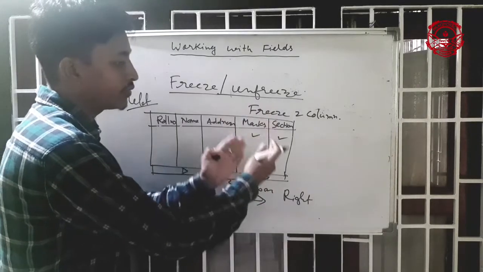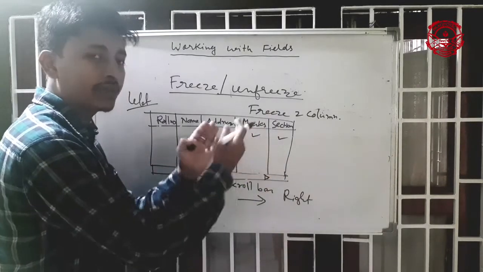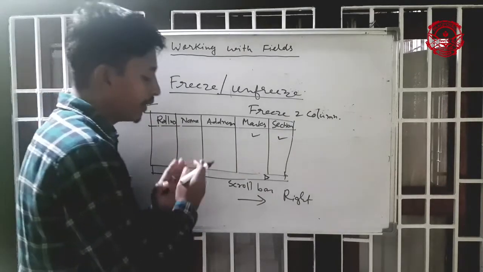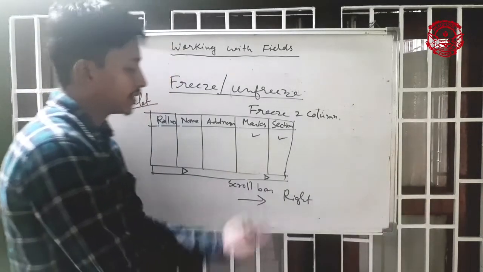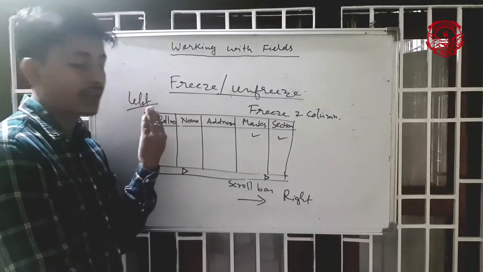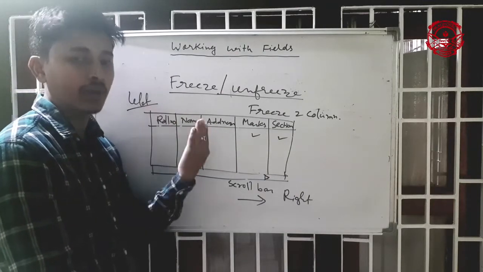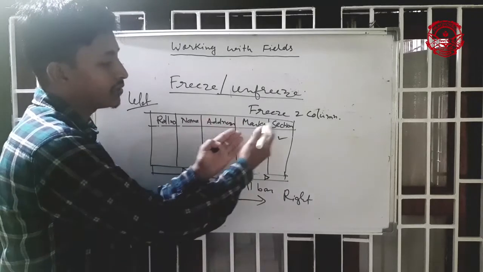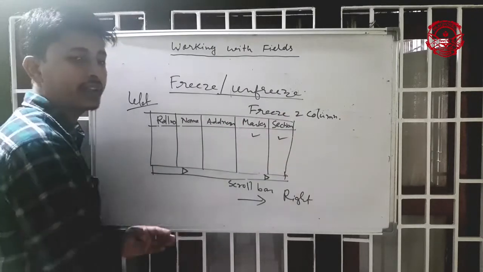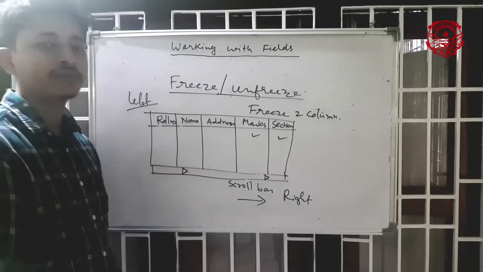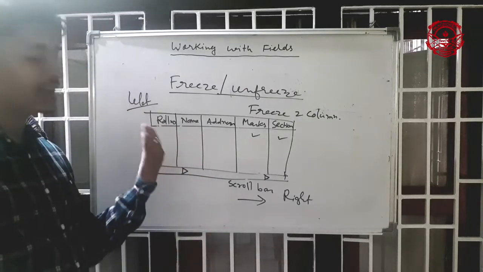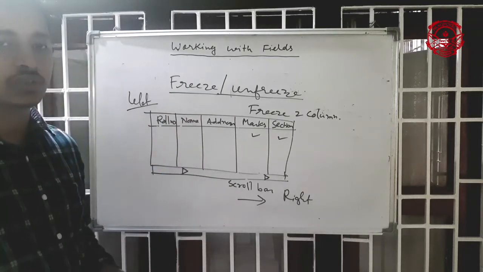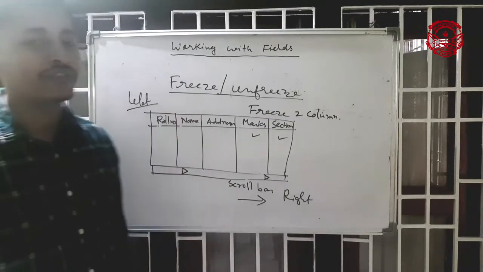If you freeze 2 or more columns, they will always be visible on the left side, because when you go to the right side, the leftmost column would not be visible. So you have to freeze these 2 or 3 fields, so they are always fixed at the leftmost position. Okay, understand? This is called freeze.